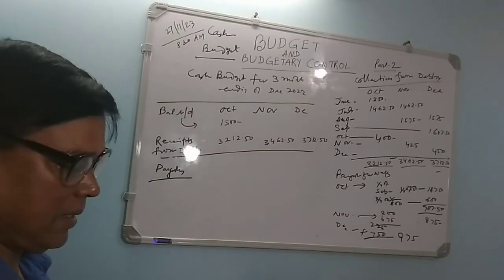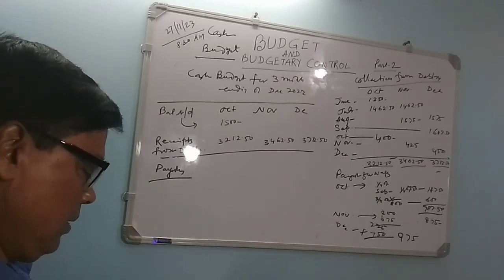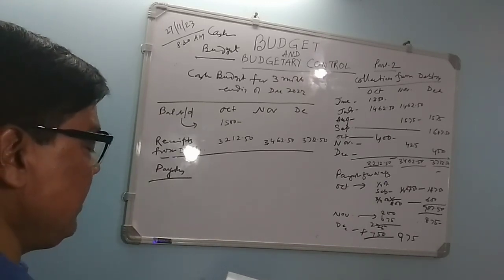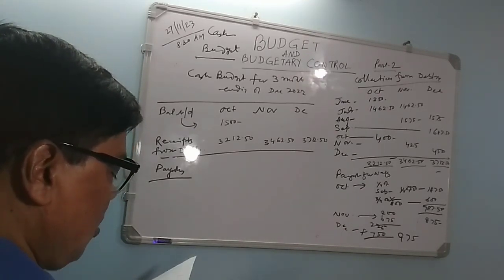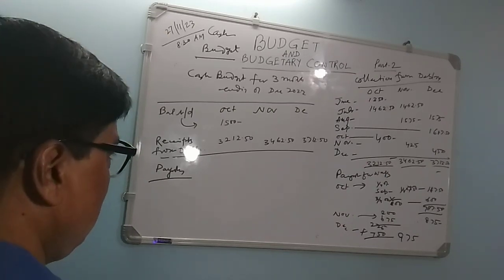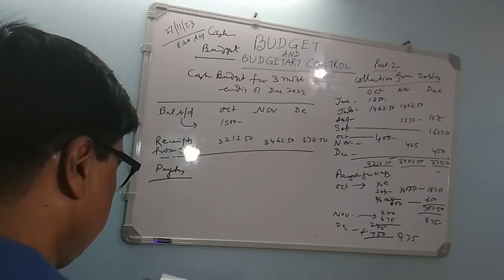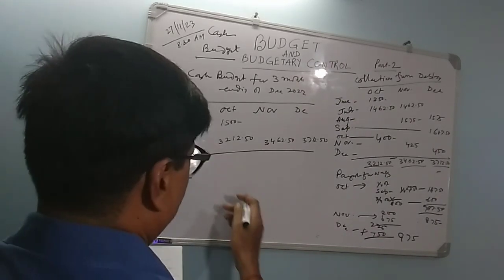First, your payments come from the material payment. They are telling that creditors for material are for 2 months. So 2 months means October payment comes from August, since the payment is in the second month after.